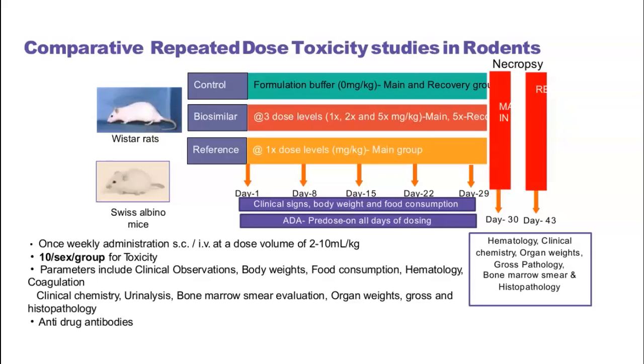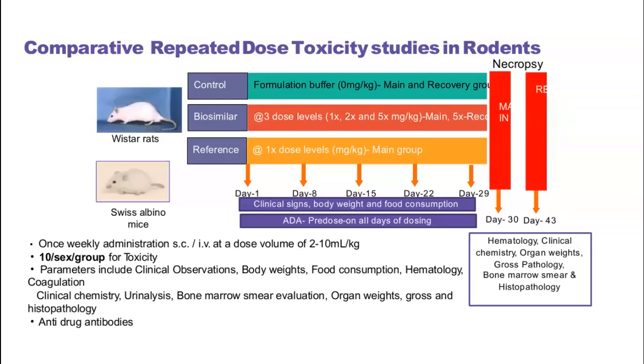Even for toxicity studies we have to keep one reference drug group. That group contains only the 1x human equivalent dose, unlike 3 different dose levels. So that is the main group.